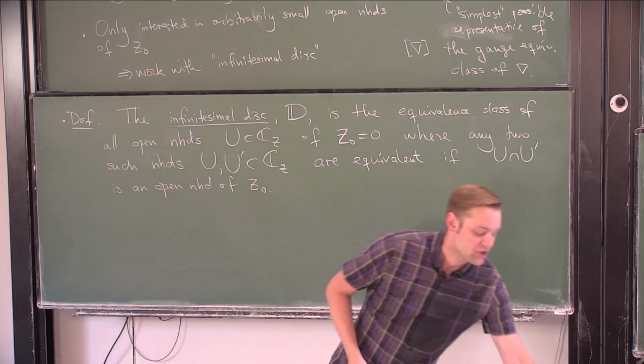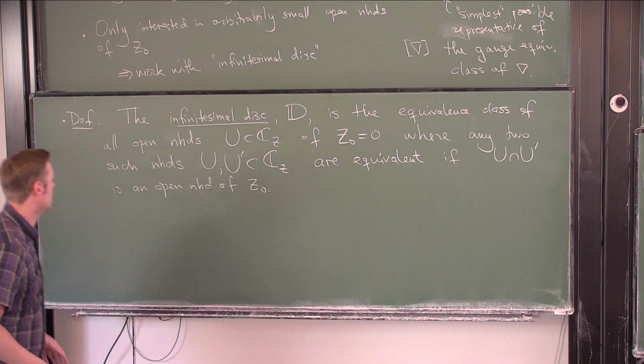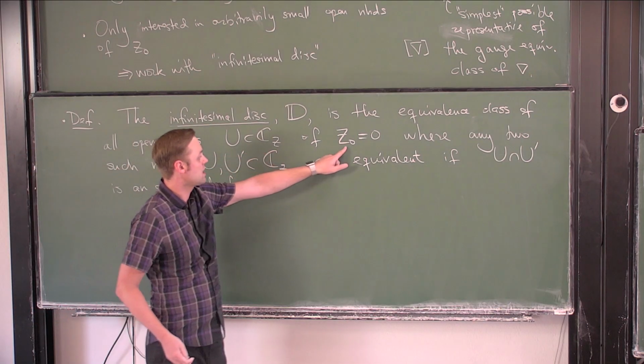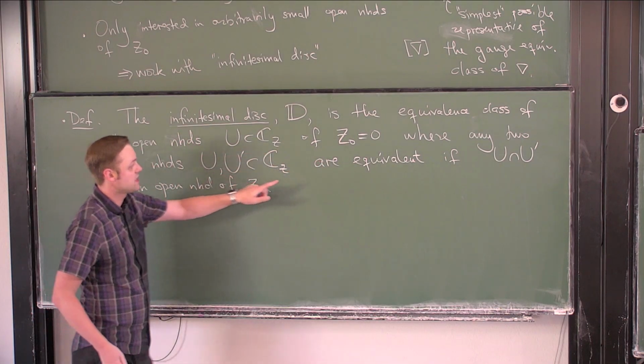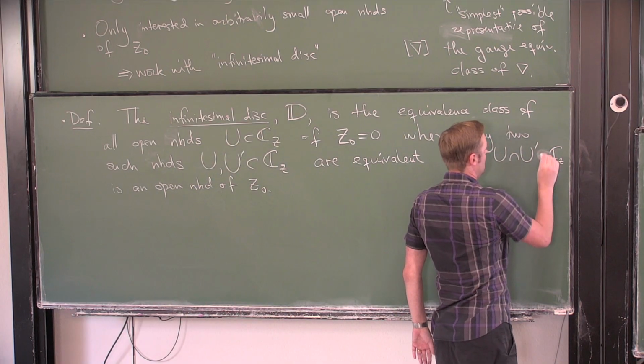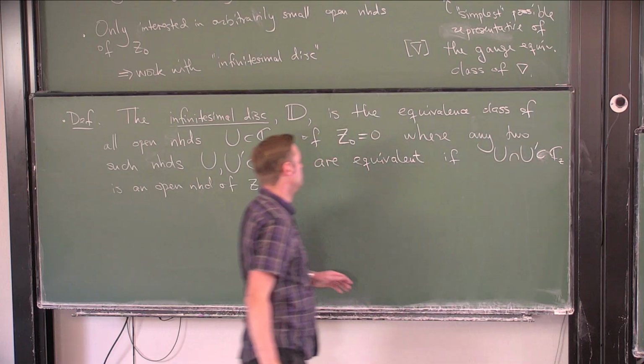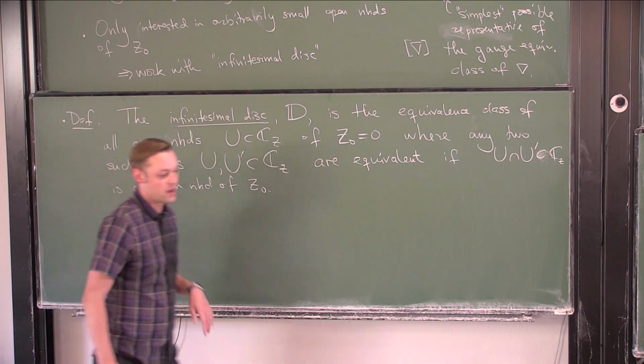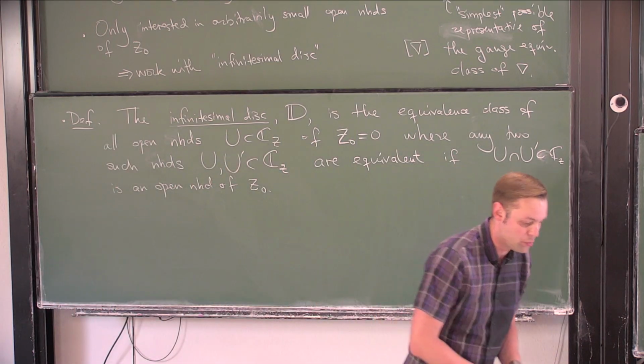Which really is no restriction at all, because you have two open neighborhoods, they both contain Z naught. Their intersection is necessarily open, and so therefore necessarily defines an open neighborhood.